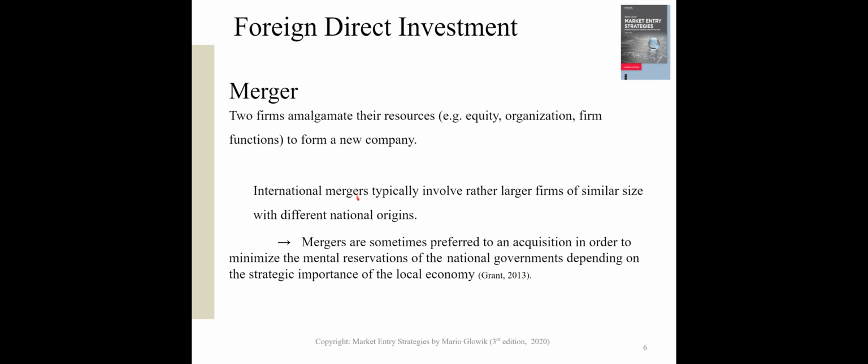So international mergers typically involve rather larger firms of similar size but with different national origins. And mergers are sometimes preferred to acquisitions in order to minimize the mental reservations of the national governments, depending on the strategic importance of the local economy.